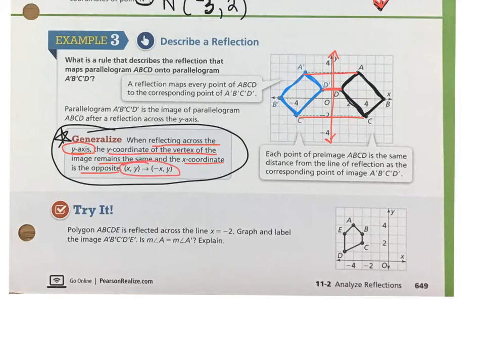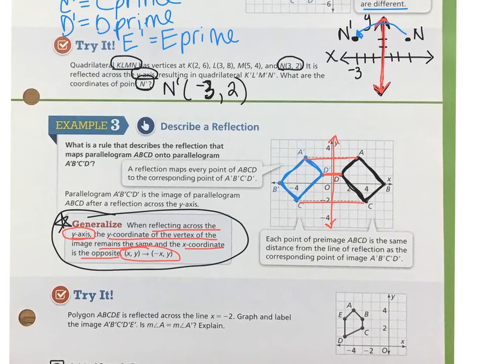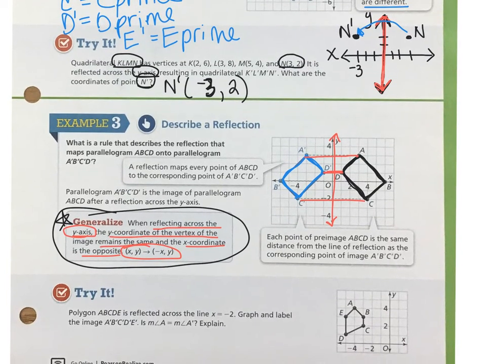So notice back up here, we just did this a minute ago with the triad in example 2. Did you notice that the x-coordinate here went from a +3 to a -3, but the y-coordinate stayed the same?